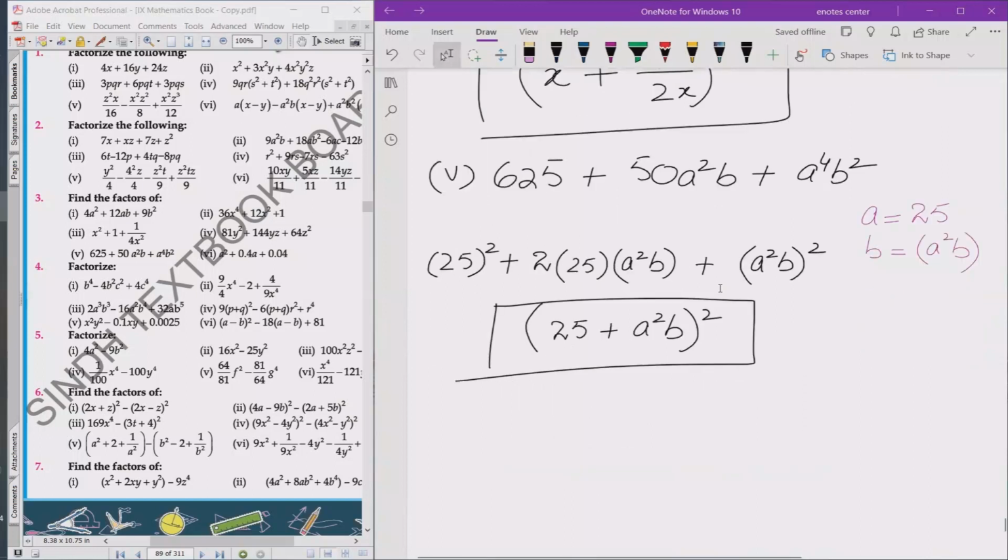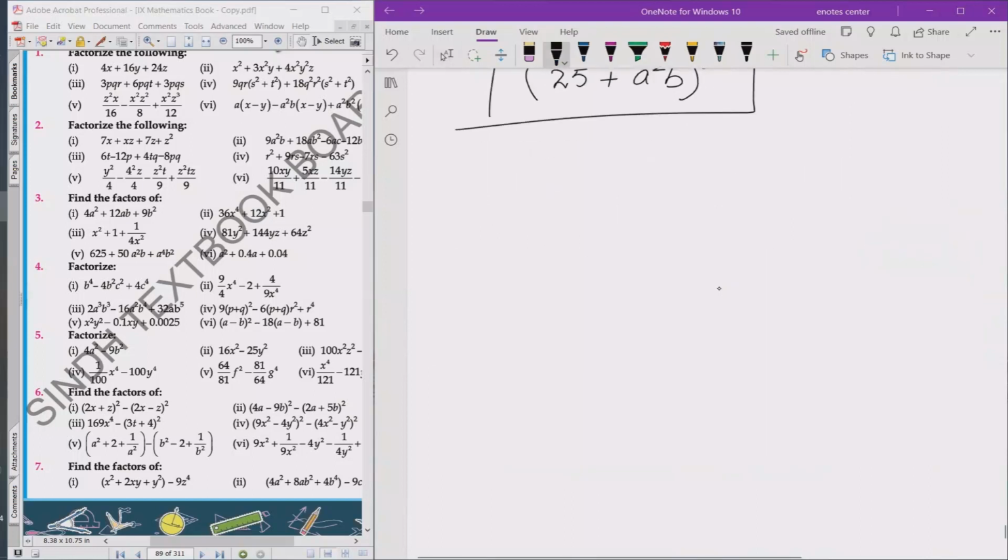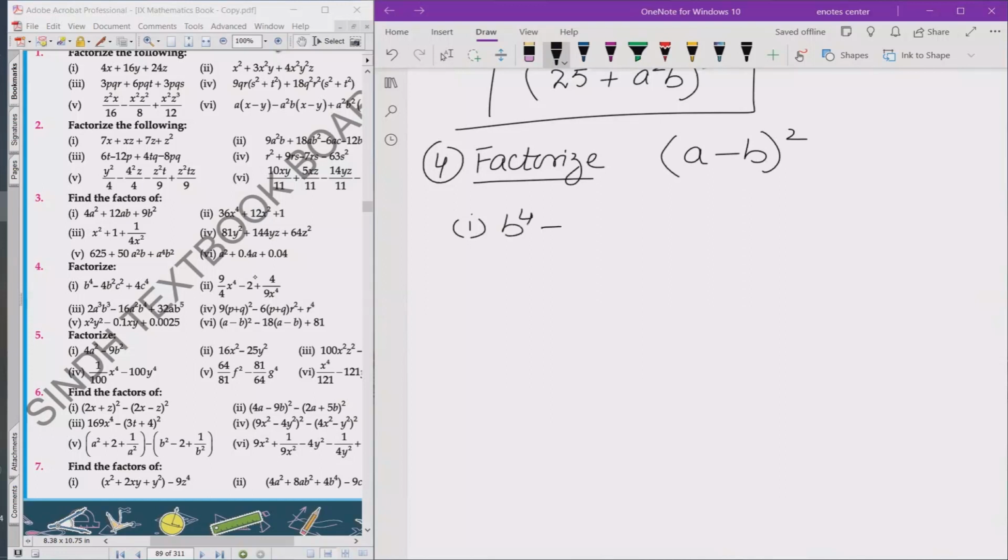Now we have question number 4, which is also related to factorization, but this question is related to factorizing a perfect square if we have (a minus b) square, for example. Now we have question number 1, part 1. Part 1 is very simple: b to the power 4 minus 4b square c square plus 4c to the power 4. Again we decide what is a and what is b.